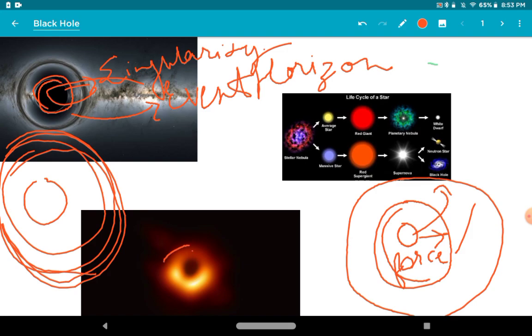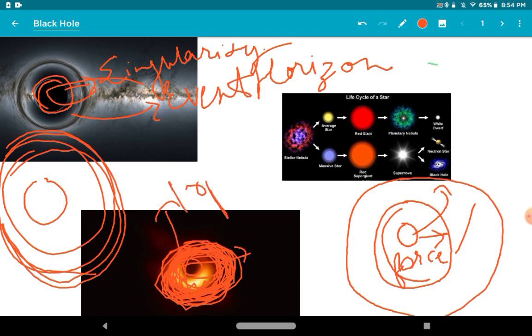You see this orange part, it is called the event horizon, and this part is the most heated, most radiated part of the black hole, because it is revolving so fast. In this, objects are revolving, and it accretes heat to 10 million or 20 million degrees.